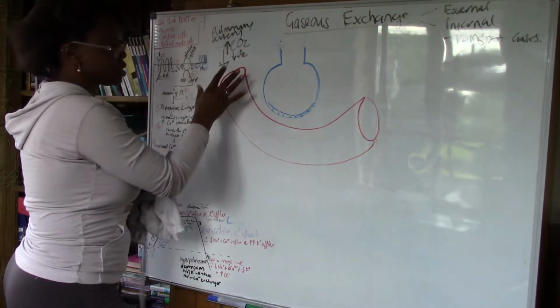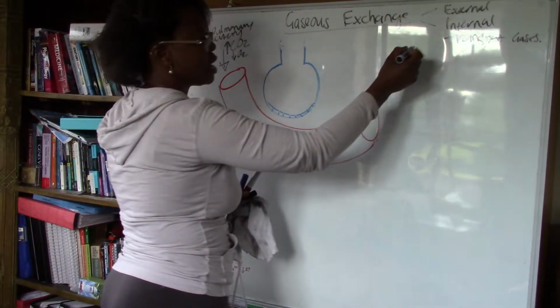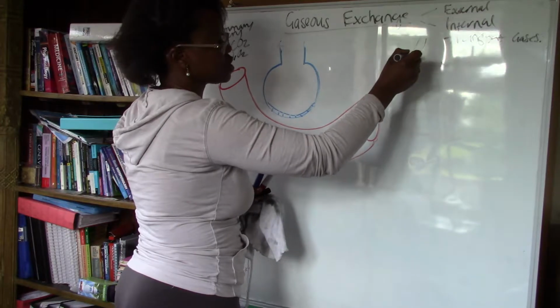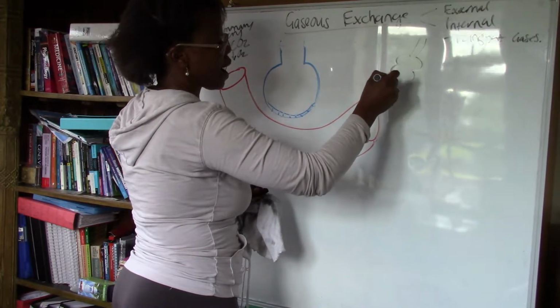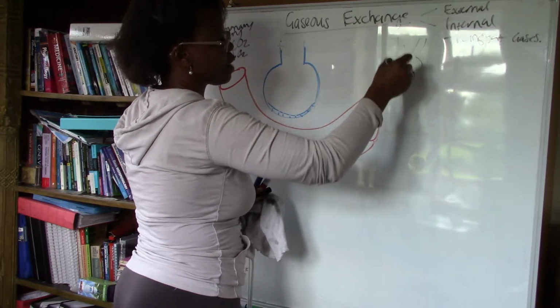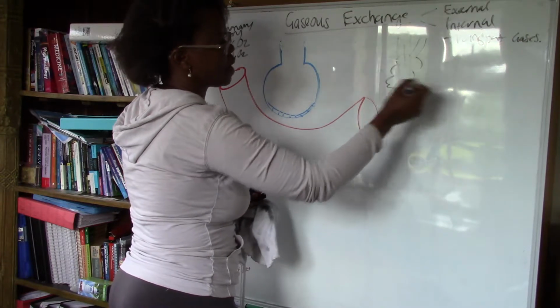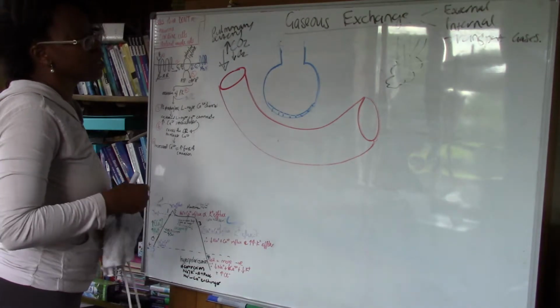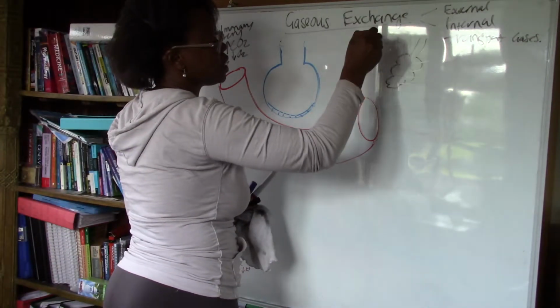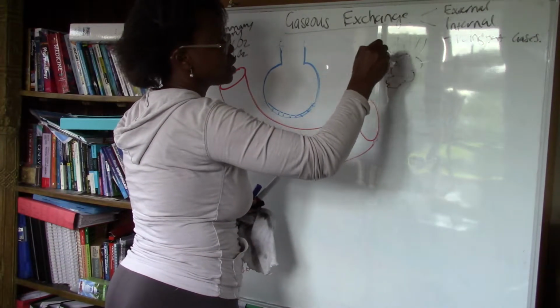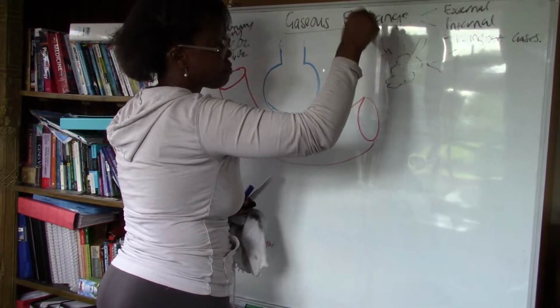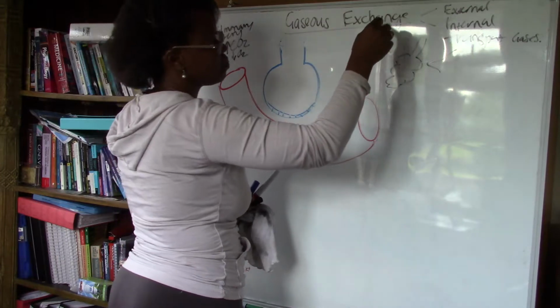It enters the capillary. Like most tissues in the body, the alveolar sac is overlaid by a capillary network, and a capillary network is made up of venules and arterioles.